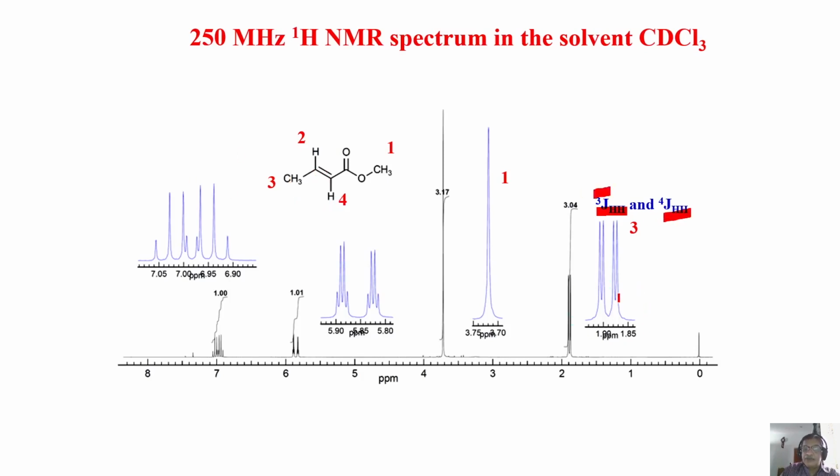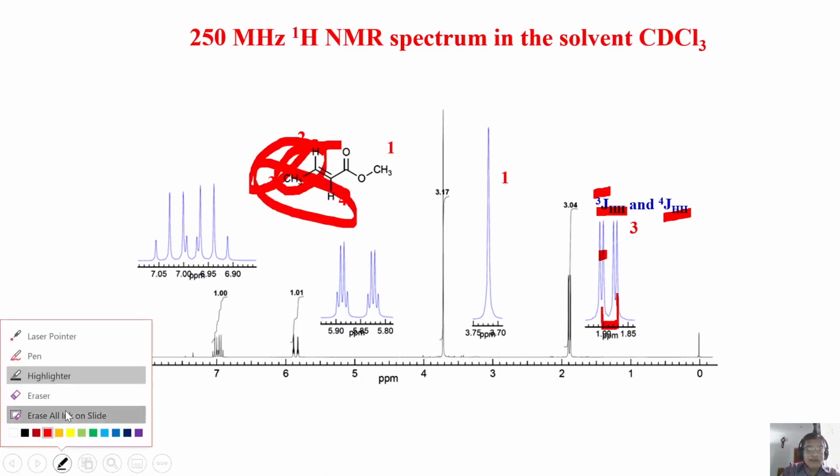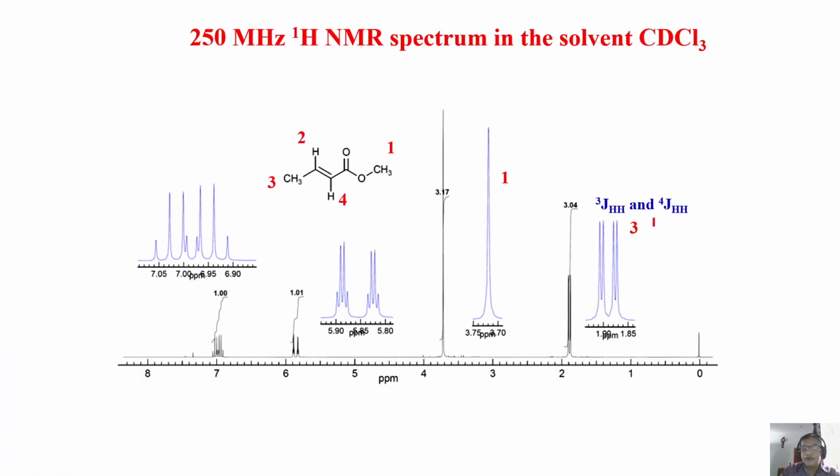As a consequence, what is the larger coupling here? This larger coupling has to be the 2-3 coupling, and this shorter coupling is the 3-4 coupling. Understand? So this doublet of doublets for methyl can be understood. We can safely assign this group to the methyl protons. Now we are left with only these 2. What are these 2?